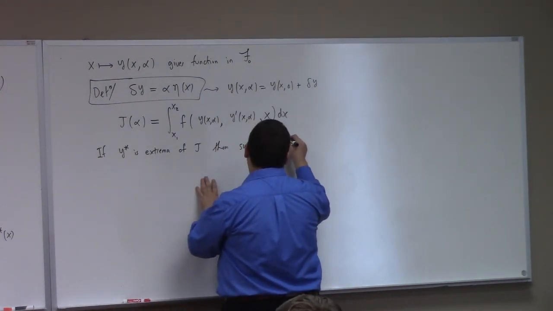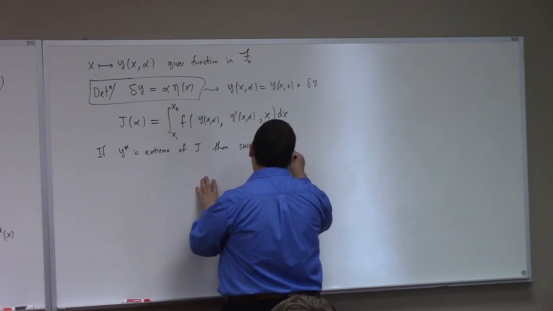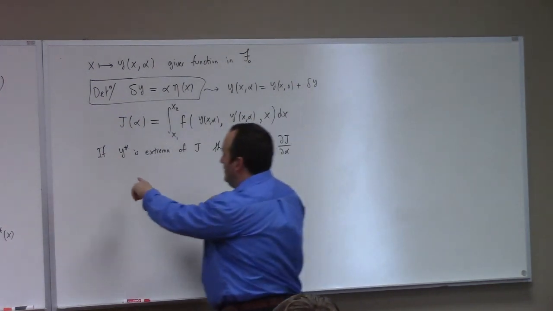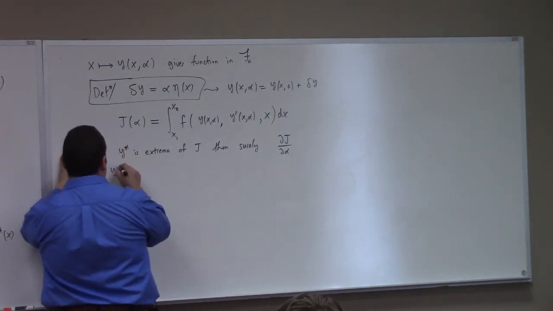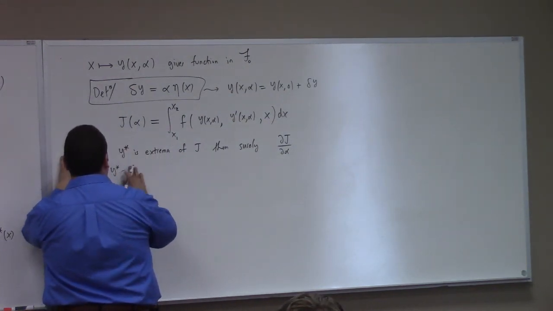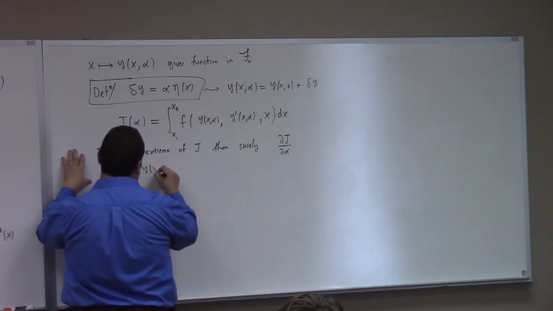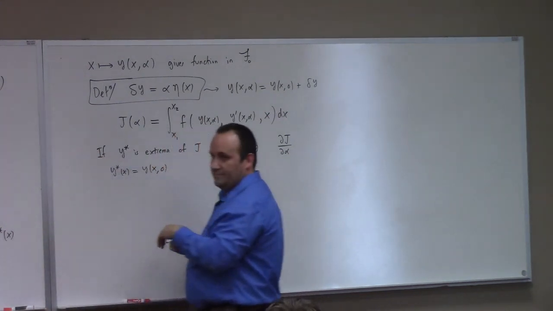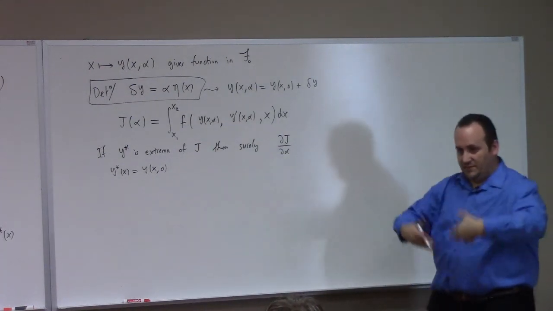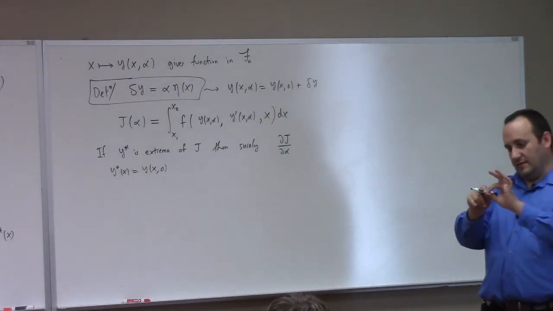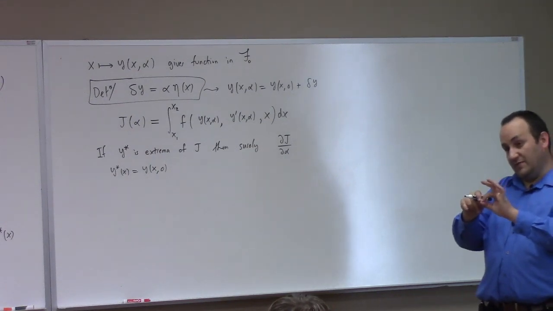We should have partial J partial alpha. And y star is what? In this family of paths, y star of x is again y of x comma 0, so it's reached when alpha is equal to 0.